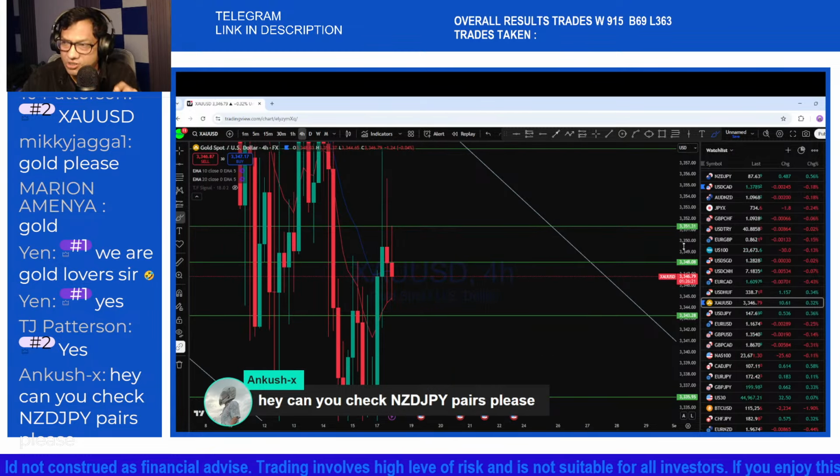Again, looking at the 4-hour level, this is the intraday resistance line, and we have 1 hour 20 minutes for this candle to close. During the lifetime of this candle, I'm expecting the market to go ahead and retest that level again, and we can see the market is trying to push back to that level.